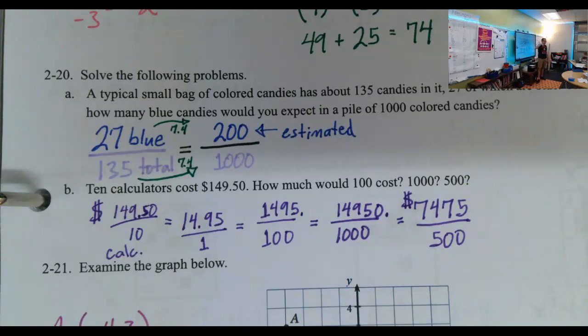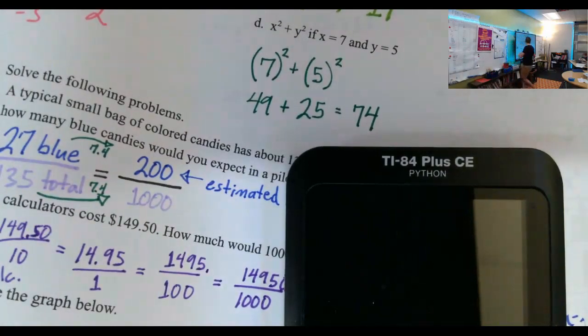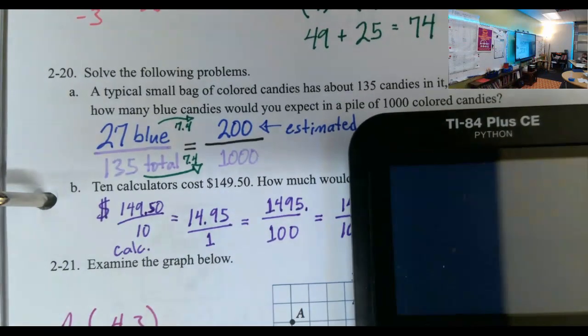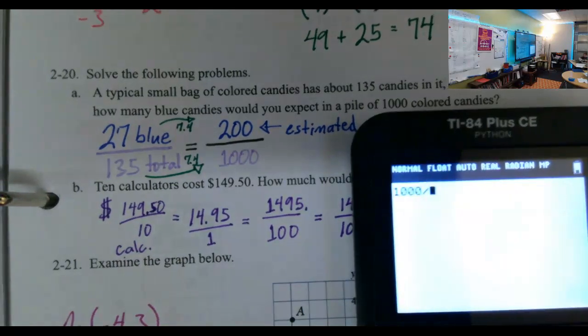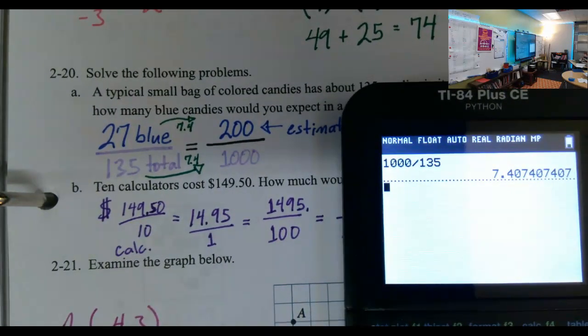What's the reverse of multiplication? Division. So what we do, and yes, you're going to need a calculator, is 1,000 divided by 135. That tells me what to multiply by.